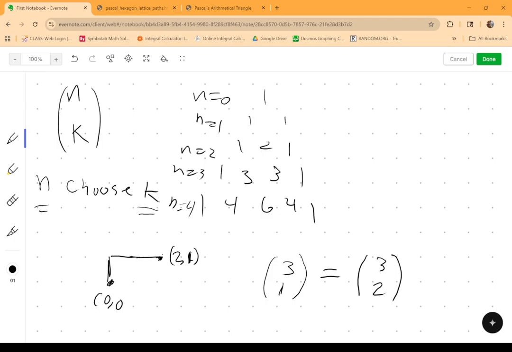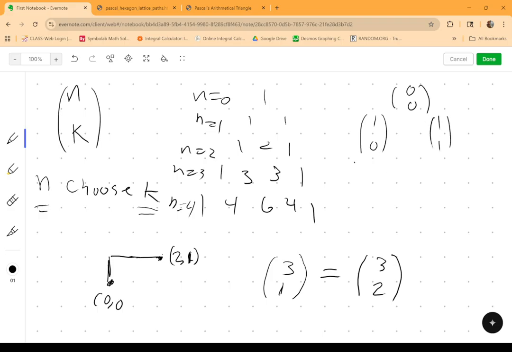And if we translate the Pascal's triangle to the choose numbers, this is what it would look like. N, the number of objects, is always going to be the top number there. So all of these would be 1 choose 0, 1 choose 1.